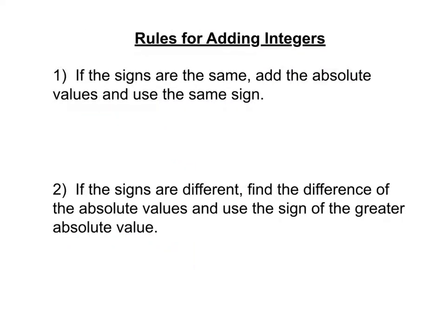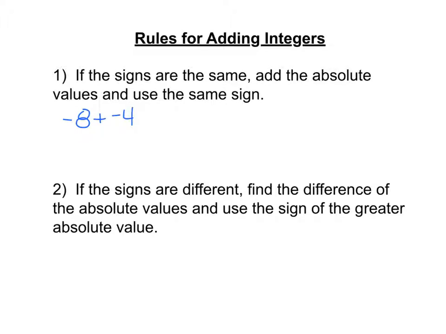But let's get away from using a number line and talk about 2 different rules that can be used for adding integers. The first rule is this. If the signs are the same, add the absolute values and use the same sign. Let's say, for instance, you were given -8 plus -4. The signs are the same.